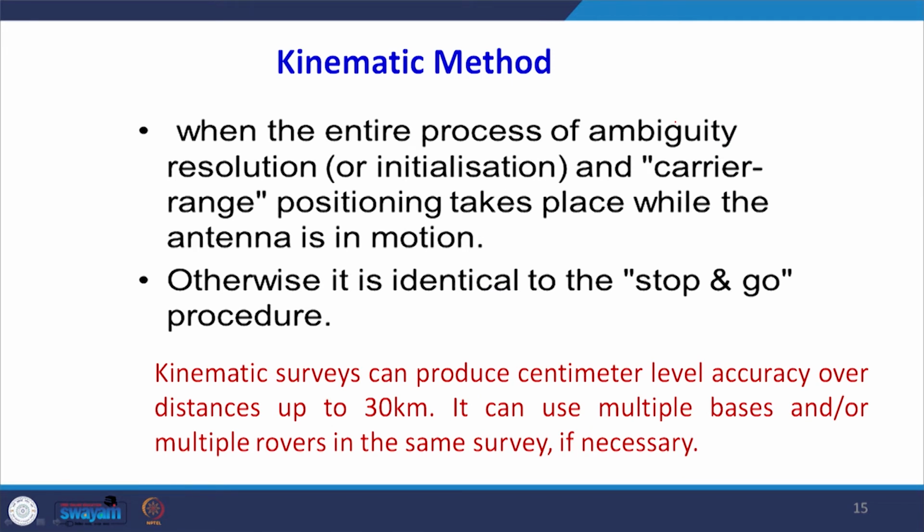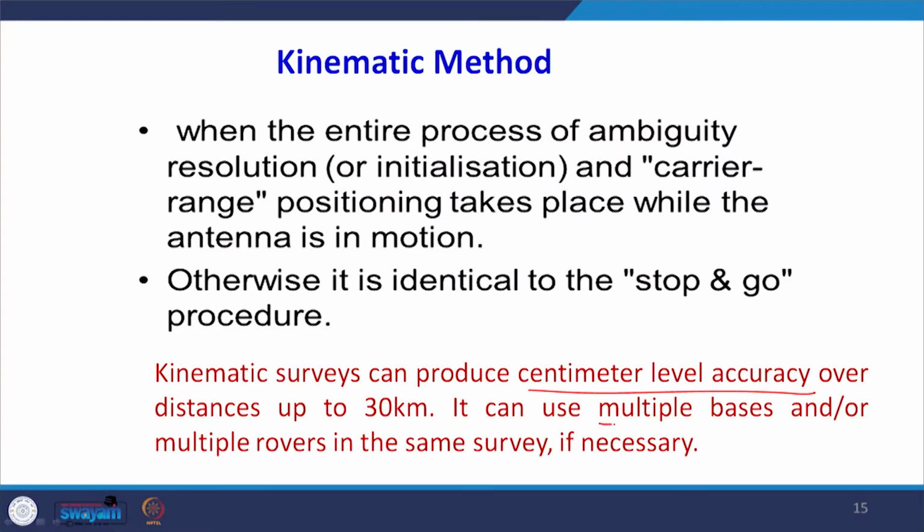Then the next method is called the kinematic method, and in this kinematic method also, throughout the entire process we are resolving the ambiguity which we are receiving through the signals. It is more or less similar to the stop and go method, but it can give you better accuracy. It can produce centimeter level accuracy over a distance of up to 30 kilometer.